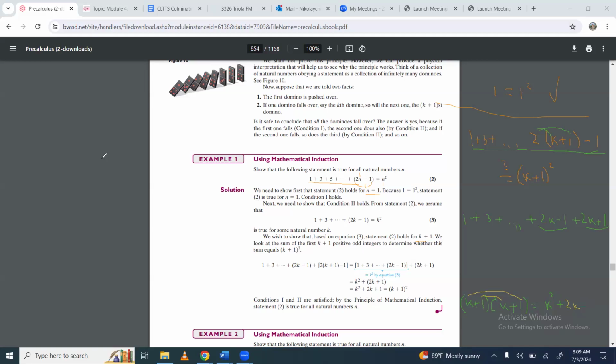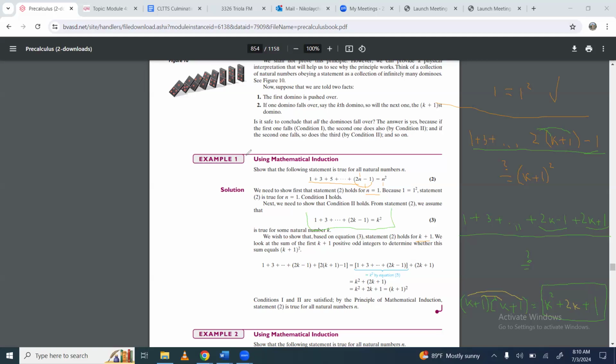So this is the goal, and the goal is to show that this sum is indeed equal to that. Just simplified. Are they equal? And they have to be because of this.